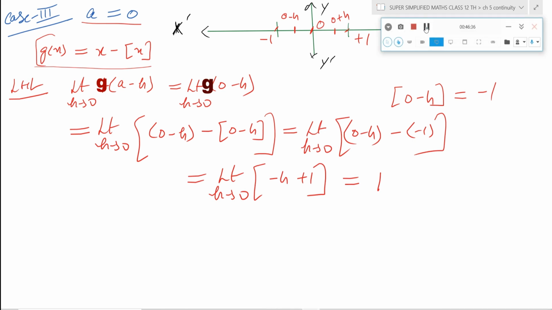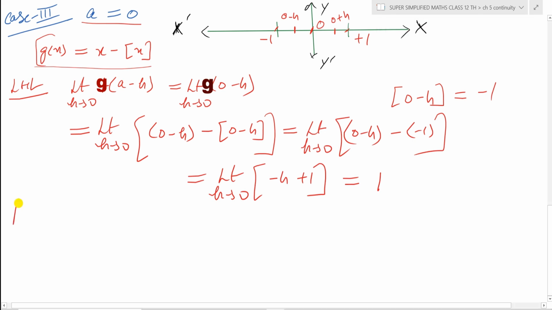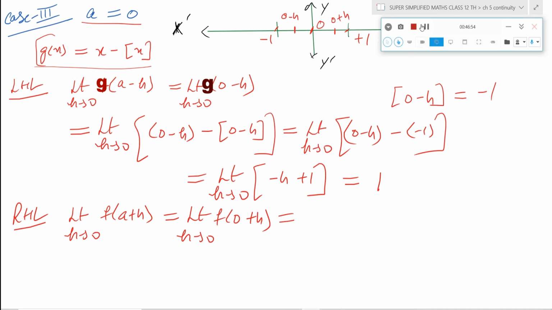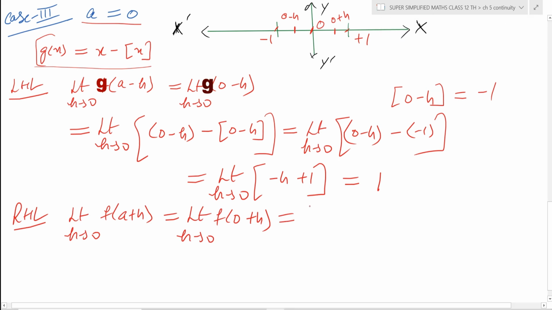And now we find out the right hand limit, which is equal to limit h tends to 0 of f of a plus h, which is limit h tends to 0 of f of 0 plus h. And now we substitute in the expression of g(x) the value of x to be 0 plus h, which is limit h tends to 0, 0 plus h minus greatest integer function of 0 plus h.